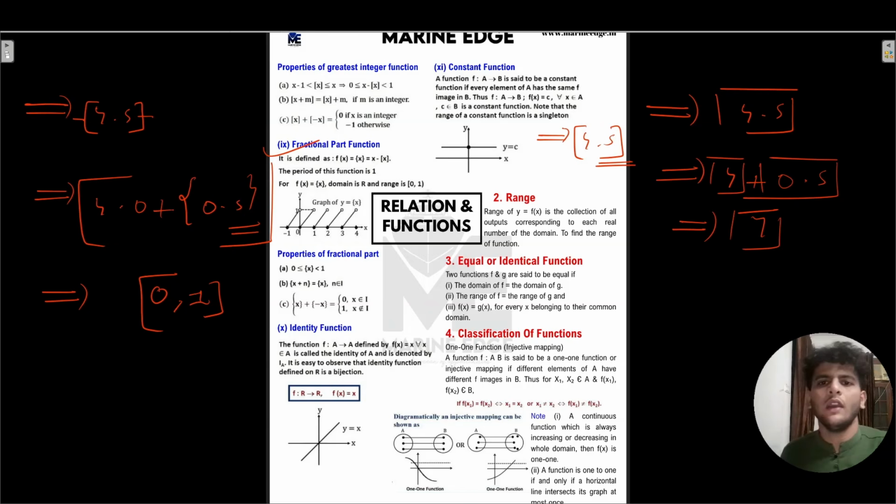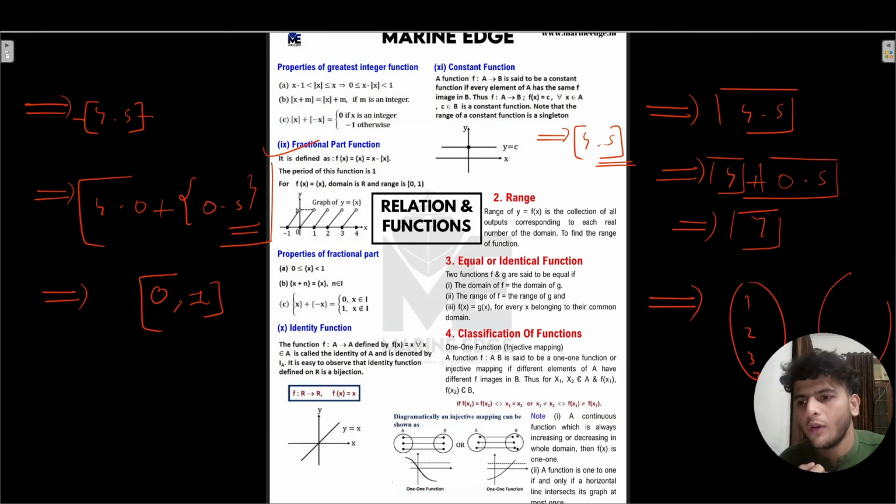Constant function. A function from A to B is said to be a constant function if every element of A has the same image in B. If you remember, we talked about this in the first example. If you have 1, 2, 3, 4, and this is 5, 5, 5, 5, you can see that 1 is projected to 5, 2 is projected to 5, 3 is projected to 5, and 4 is projected to 5.